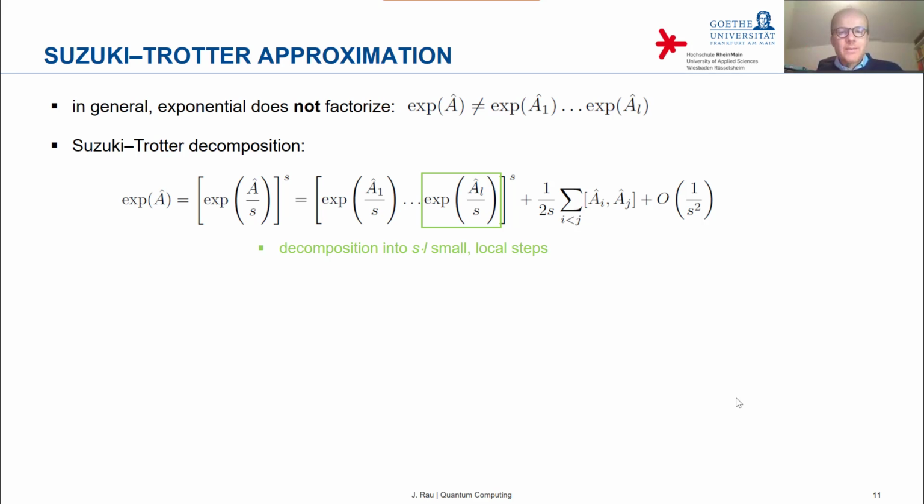So we have s times L small and local steps.